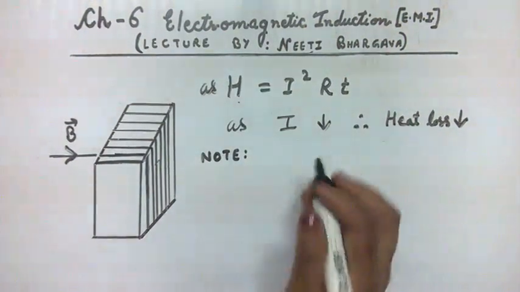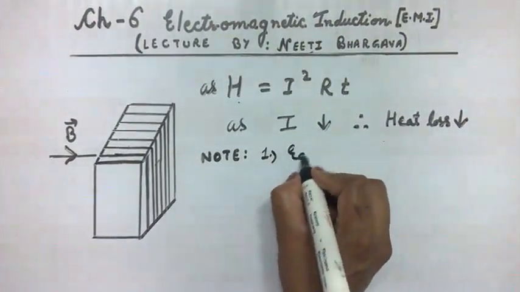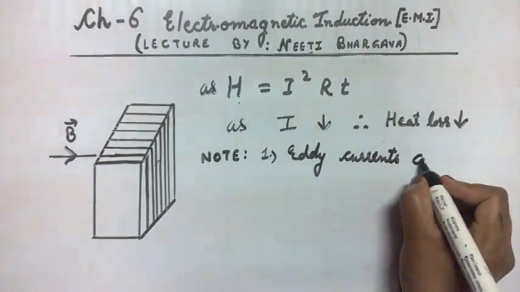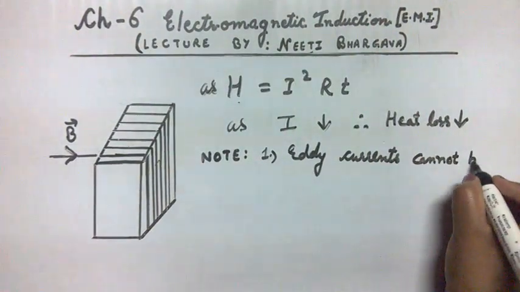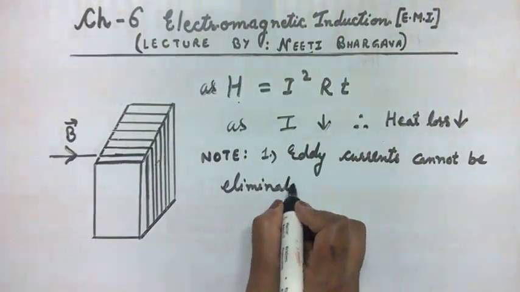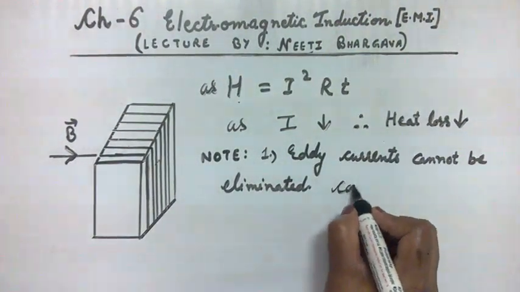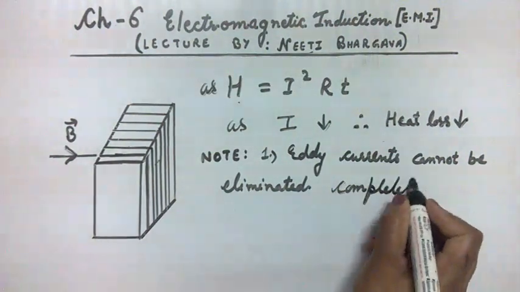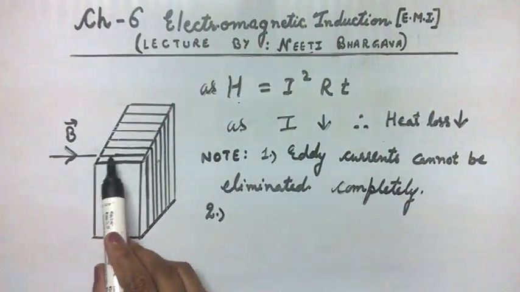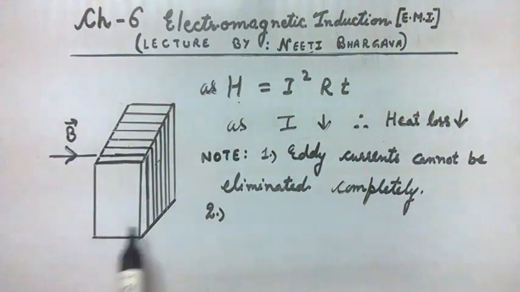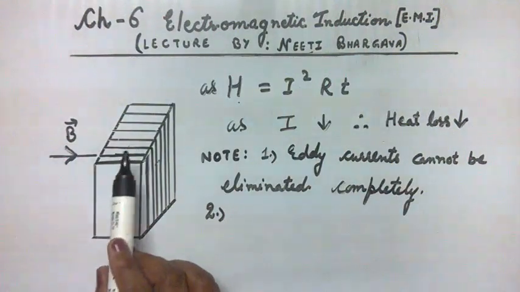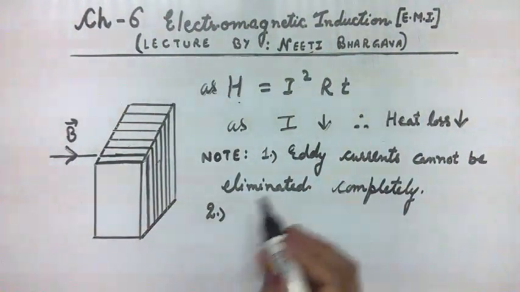They can only be reduced. And the second thing which we can note is that eddy currents are generated in the conducting part only. Where the conducting part is not there, that is in a non-conducting part or in insulators, they cannot be produced.